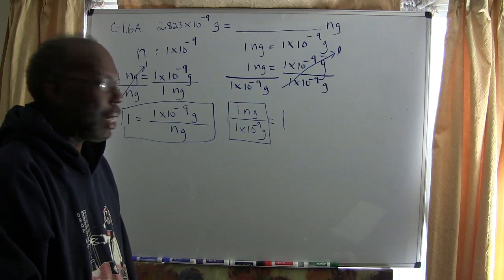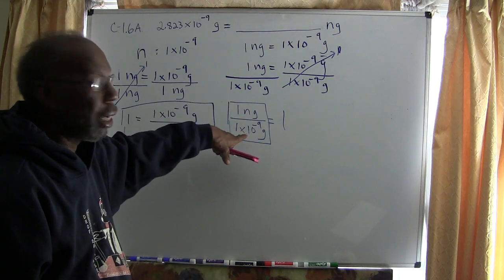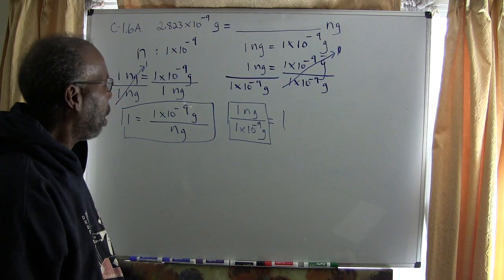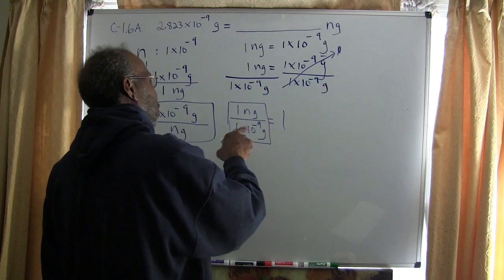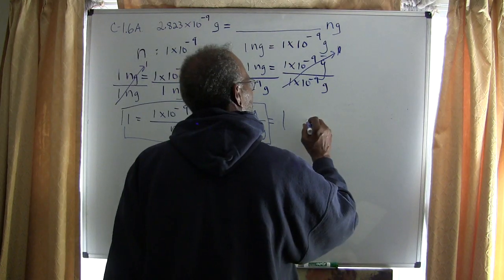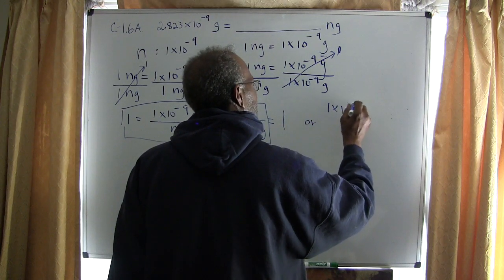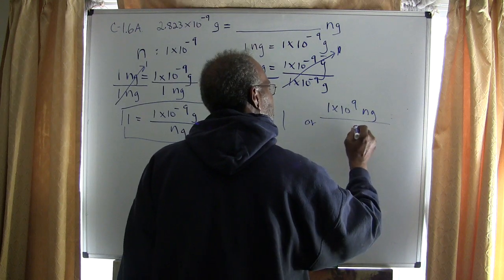And as you know by now, I like to try to put the numerical part not in the denominator, but in the numerator. So if you divide 1 by 1 times 10 to the minus 9, it simply would be 1 times 10 to the 9 nanograms per gram.